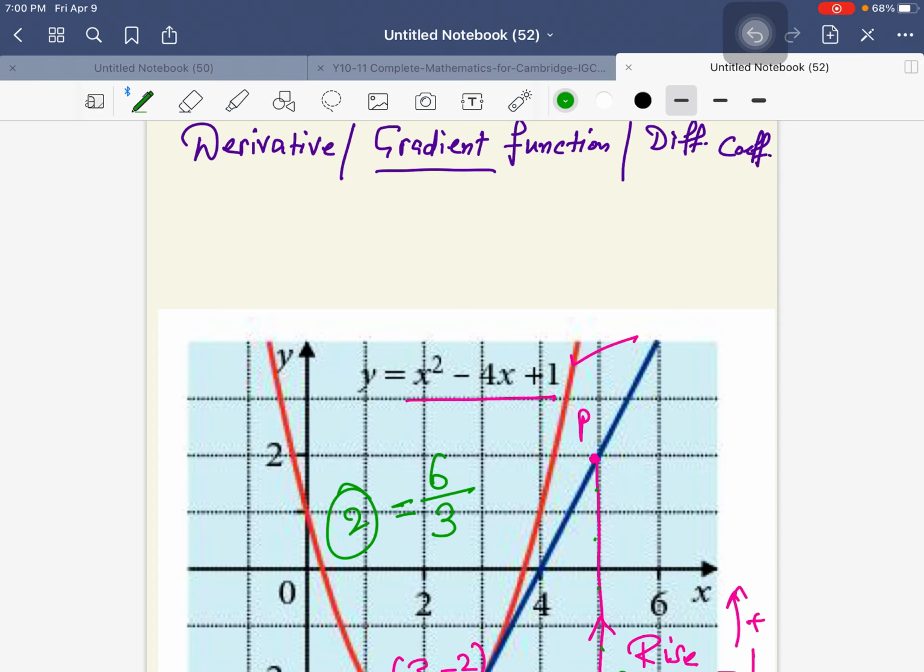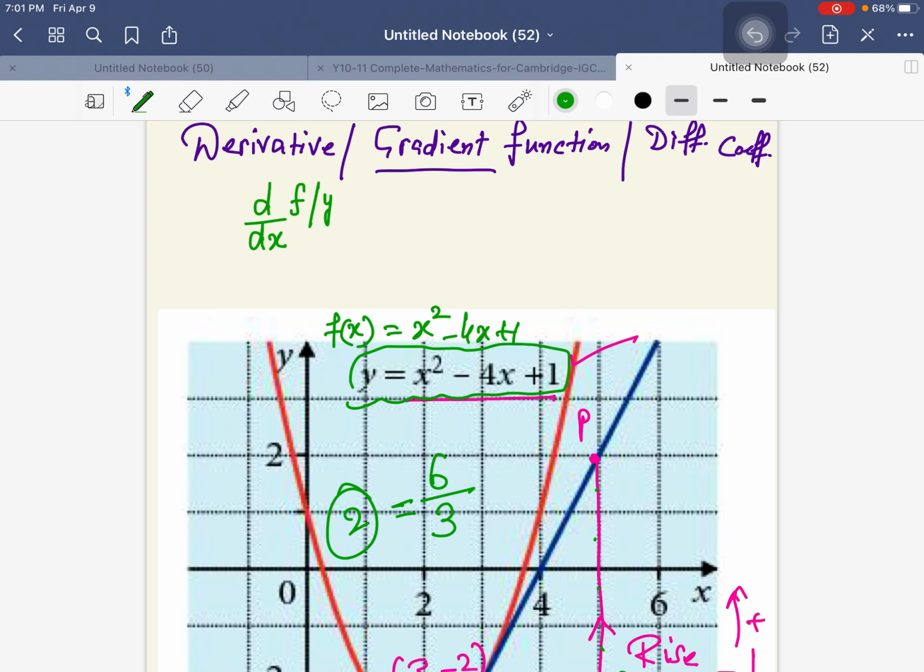Derivative, basically we denote by this operator d/dx, meaning derivative with respect to x of function f or y. Normally if you write an equation like here, in this case y equals x squared minus 4x plus 1, we can write it like this also: f(x) is equal to x squared minus 4x plus 1.